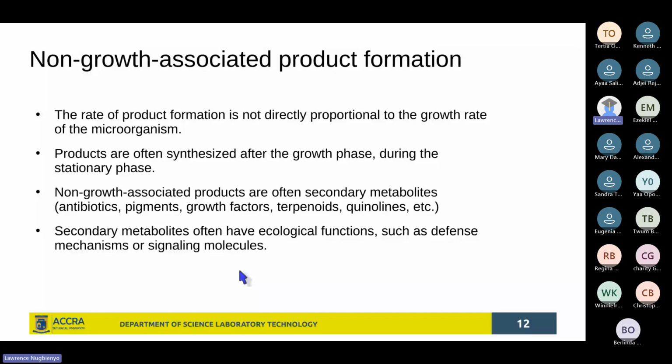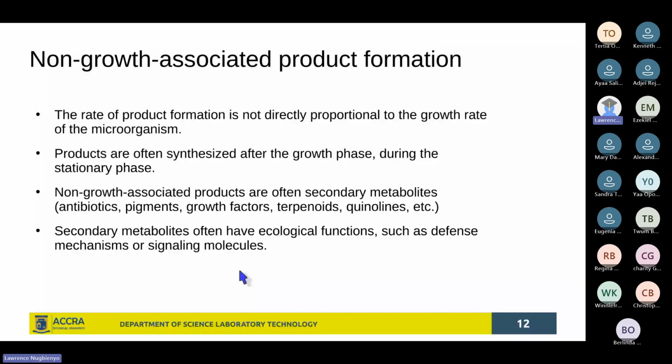What it means is that the rate of product formation is not directly proportional to the growth rate of the microorganism, which means that in the exponential stage, if you compare the microbial growth rates to the product formation, you don't see any correlation between them at all. So that is product which is formed not having any association with the growth rate.